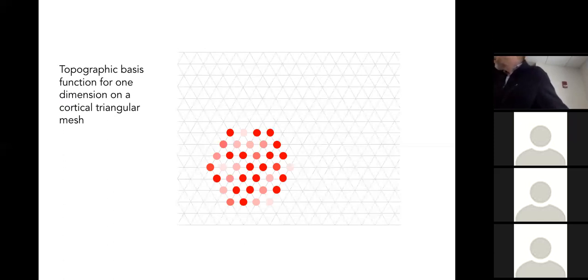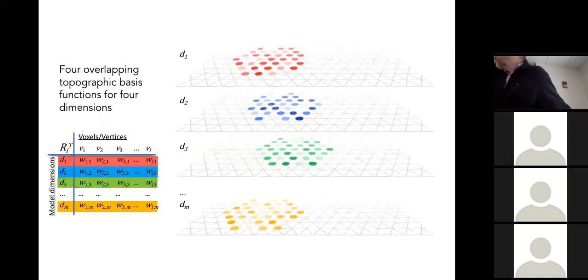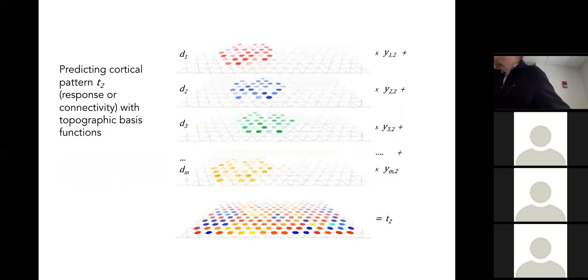So this is just an illustration, of course, an idealized illustration of a pattern of weights from a transformation matrix. Now, if you have a different pattern of weights for each model dimension, you can think about that as multiplexed topographic basis functions for these 4 rows in the transformation matrix.